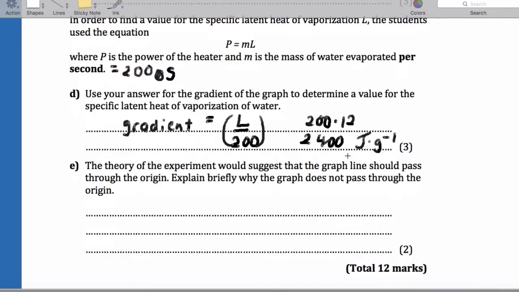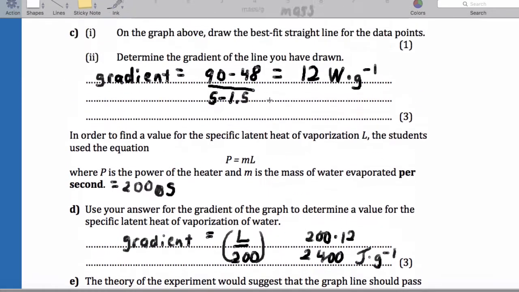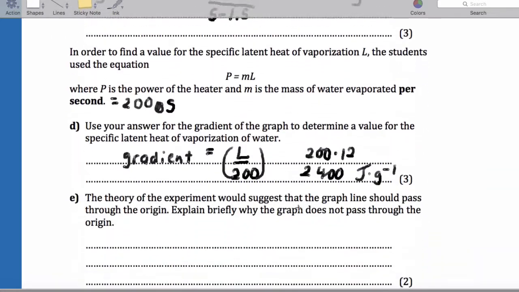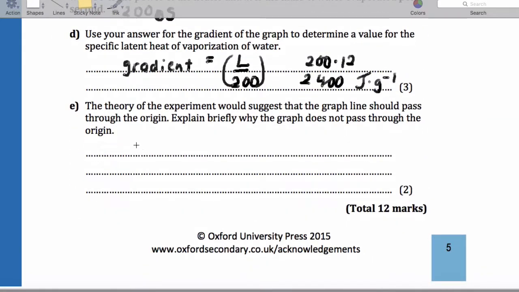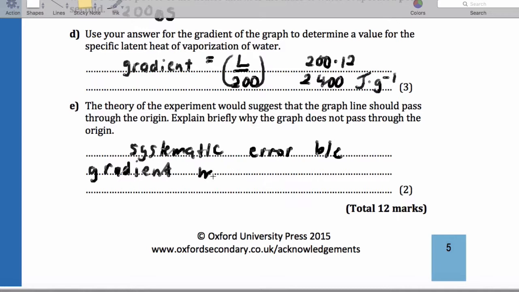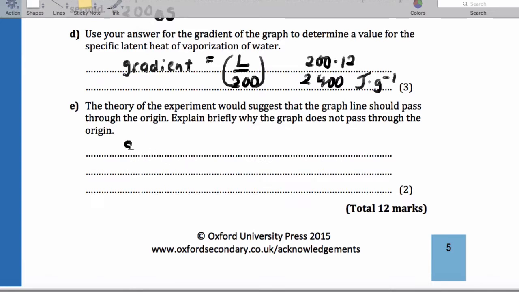Here, if we have 0 grams, we should have 0 heat, so we should really have an intersection of 0. Clearly, this is some kind of systematic error, because the gradient makes sense.